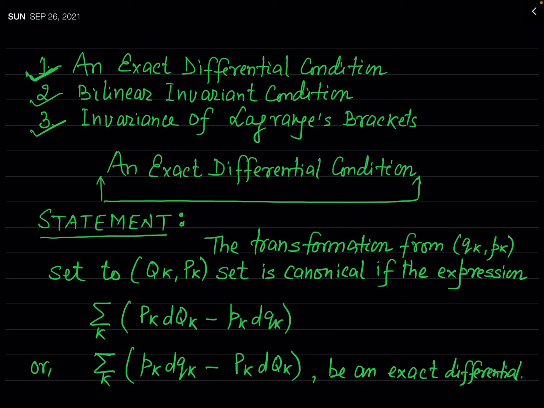In fact, as a statement, you can say that a transformation from the basis small qk small pk to capital Qk capital Pk is canonical when this expression, which I have mentioned here, that is summation over k Pk dQk, where all coordinates are in the capital letter symbol, that is the new coordinate system, minus pk dqk, or you can say the summation over k pk dqk minus Pk dQk, be an exact differential.